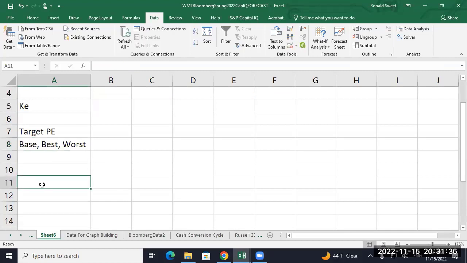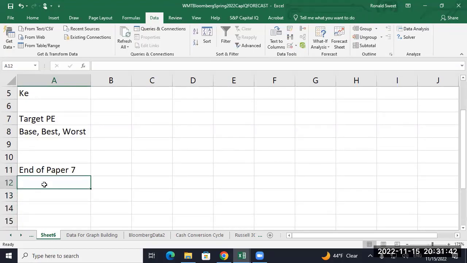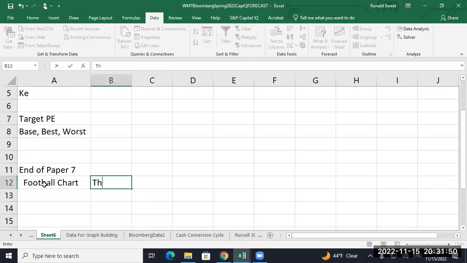And then the end of paper 7. The very end of paper 7, this is where the football chart goes. So you have your 3 models on paper 6. You remember that? So your dividend discount model, capitalized earnings model, H model, proprietary quantitative model, whatever you're using, free cash flow model.